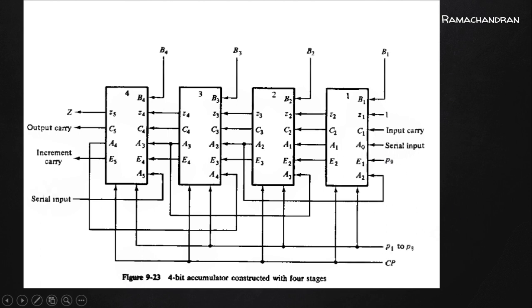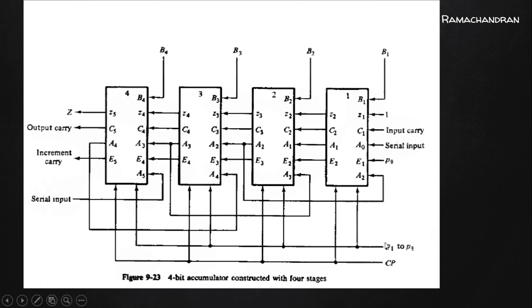For all the other 8 micro operations listed in the previous function table, we need to supply the control variables to all the stages. But in case of increment operation, this control variable is connected with only the first stage. Okay, and this E2, E3, etc. are controlling the next stage increment operation.